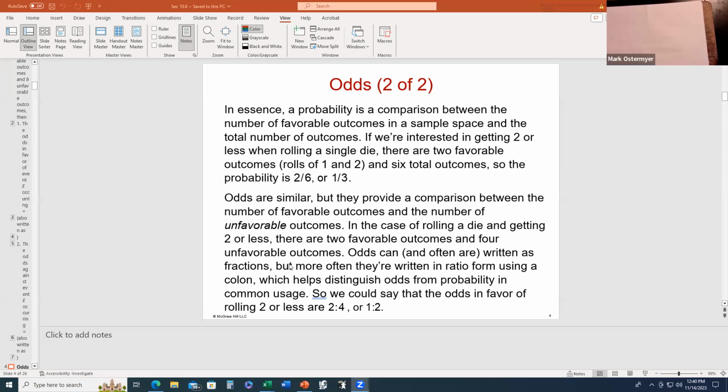Hence, we would say the odds of rolling 2 or less on a die would be 2 to 4 odds, or 1 to 2 odds if you reduce it. The odds of rolling something larger than a 2 on a die would be 2 to 1 odds. Is this making sense so far?